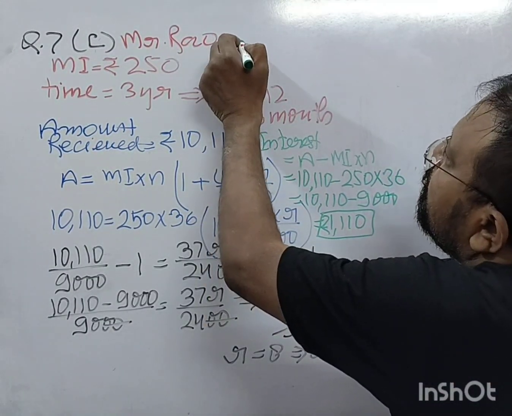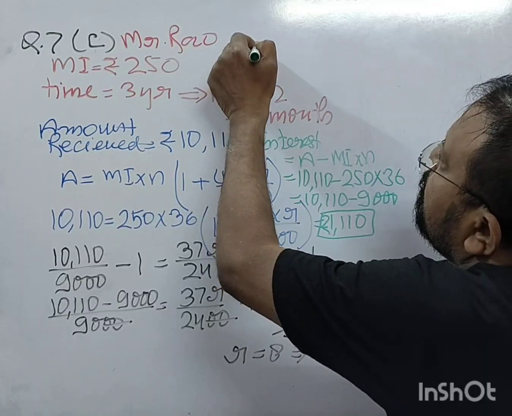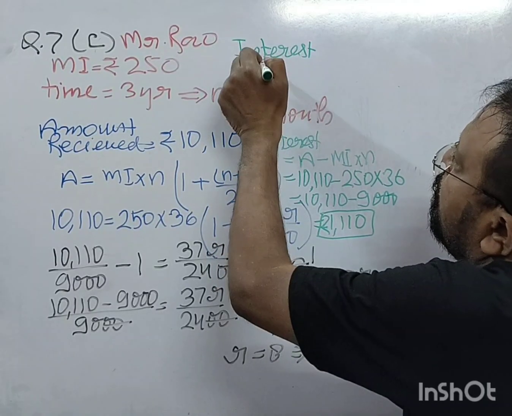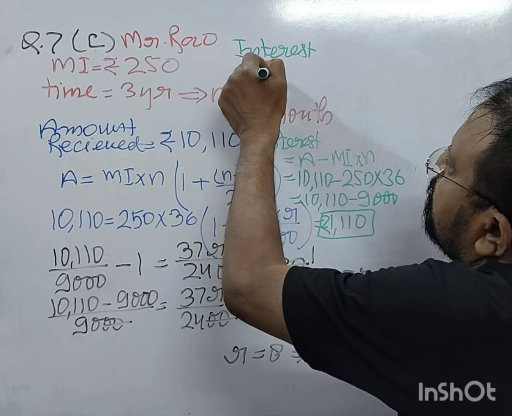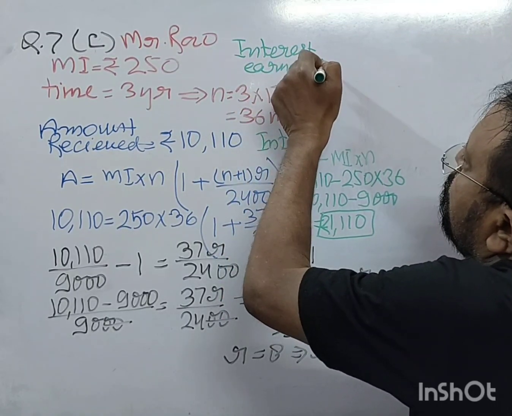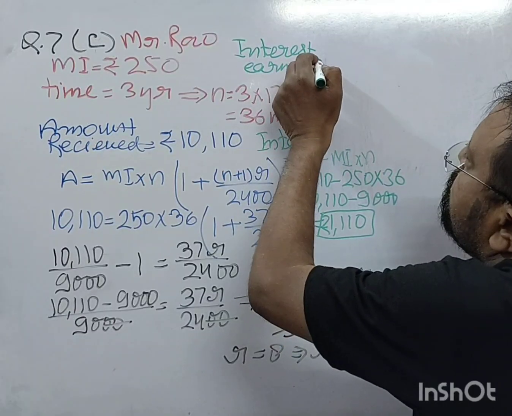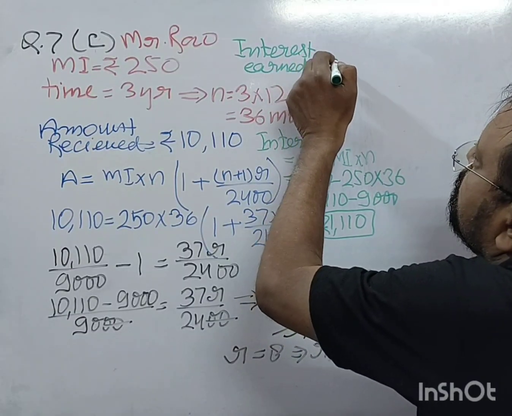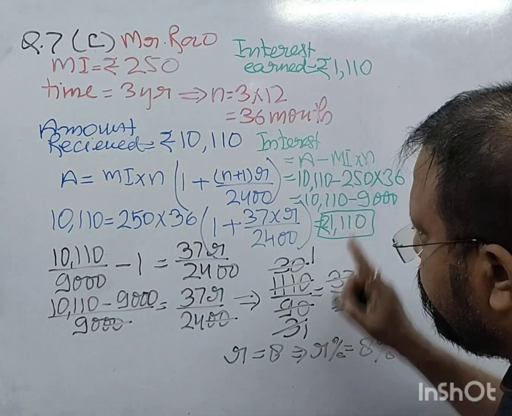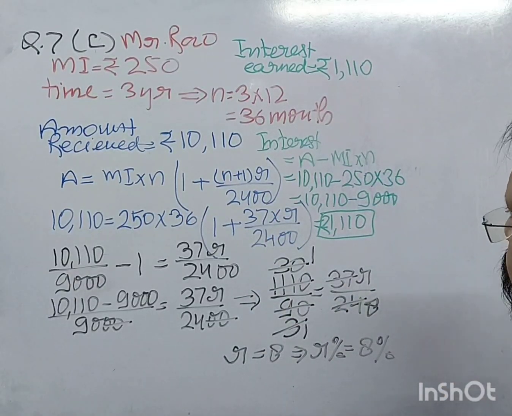Interest earned is equal to rupees 1,110, right? This is okay.